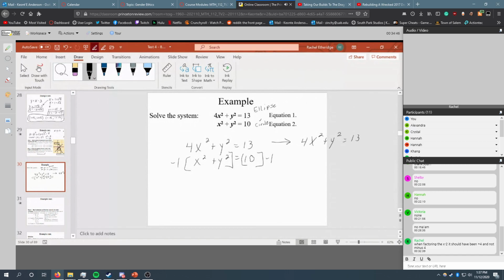So I'm going to take this one, and so that I can cancel out my y's when I add, I'm going to multiply both sides by -1. Now, when I add these, that gives me 0 for y, and I have -3x squared equals 3.